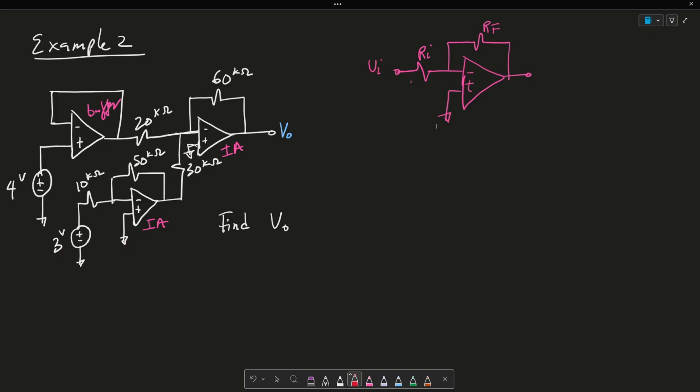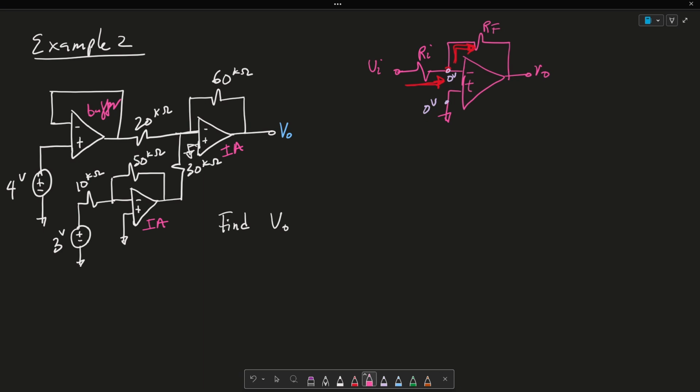What I'm going to say is that the current going in here is equal to the current going out here, correct? Simply because, since this is 0 volts, this has to be 0 volts. So all my current has to flow in this direction. Okay, and this is VO.